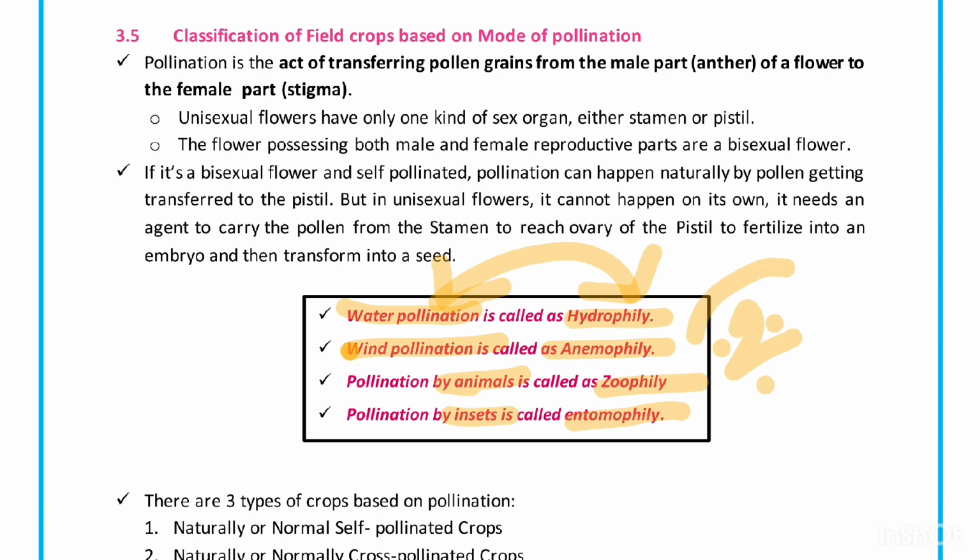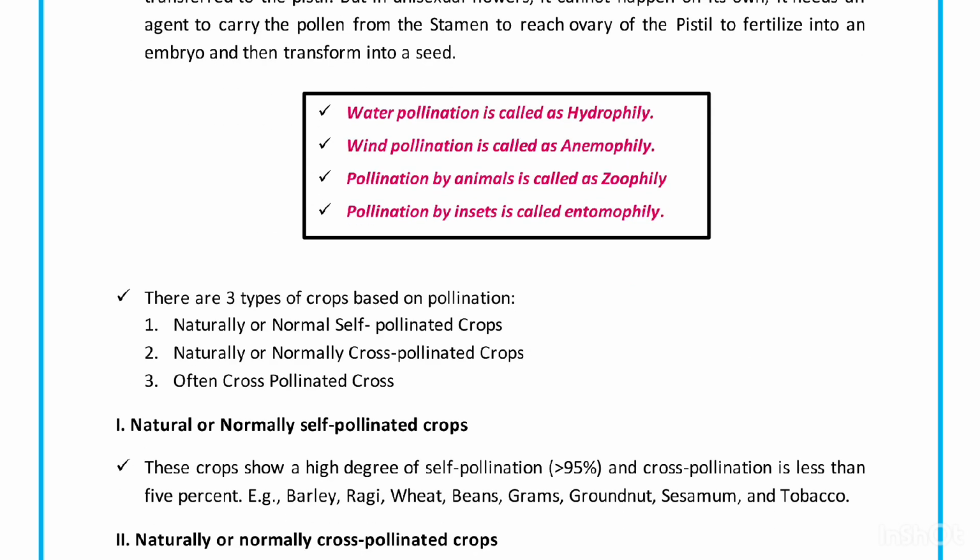You should learn them. Now we have discussed the classification based on pollination, but there are a few other terminologies that you should know that are very important for your examinations as well. First is based on the availability of reproductive organs, based on two kinds of flowers.